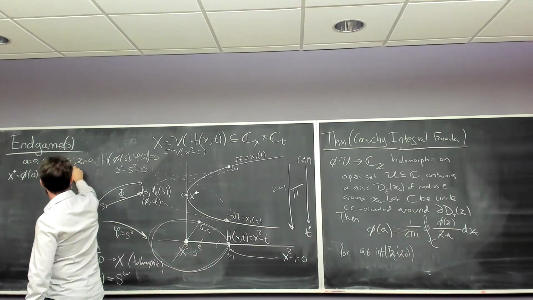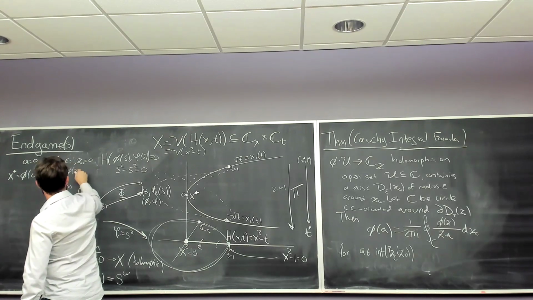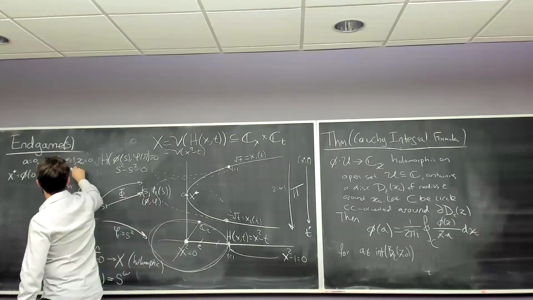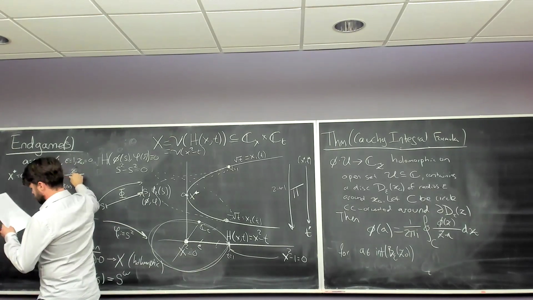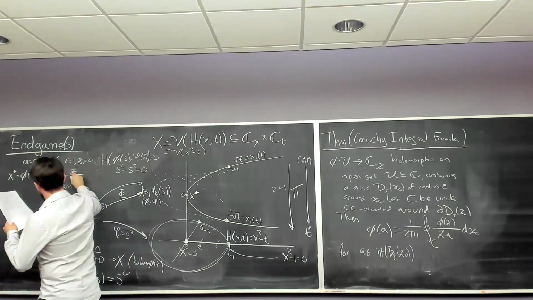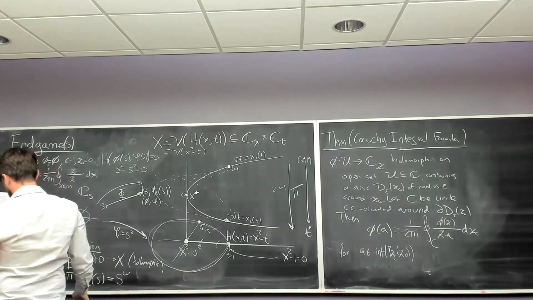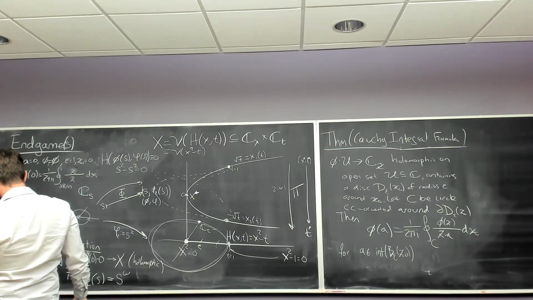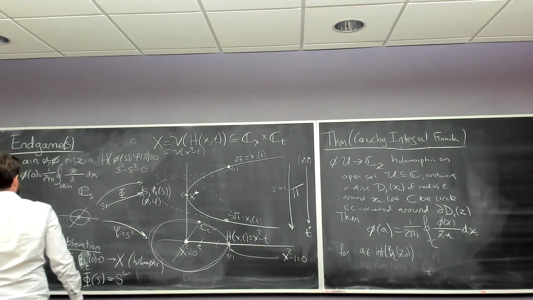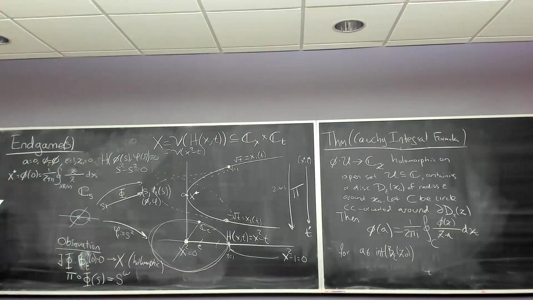And what do we have to do? Well, we take p of z. Okay, well that's just z. Okay, we'll follow our nose and we'll see where we end up.